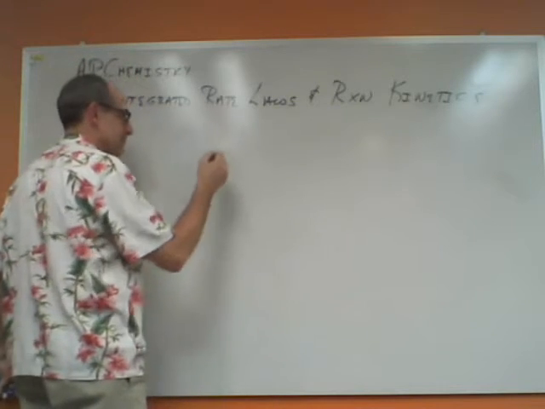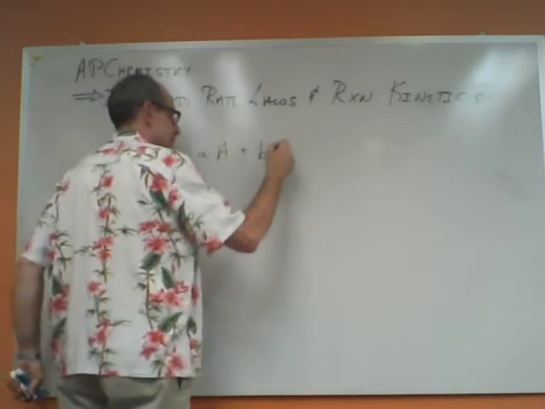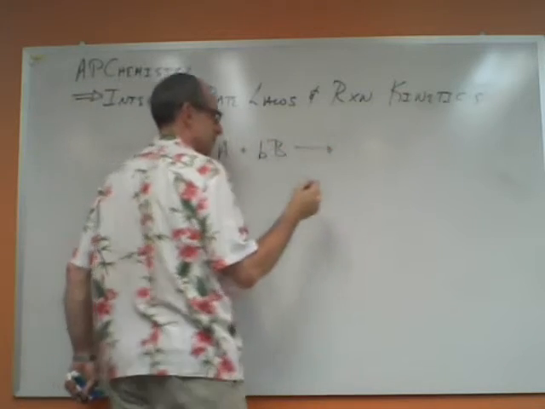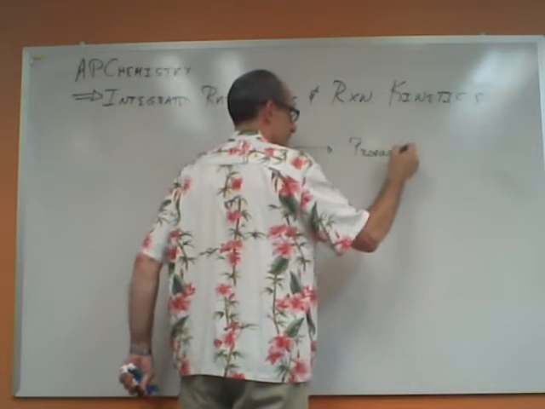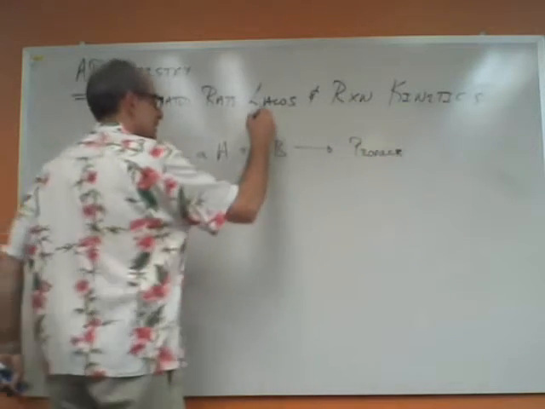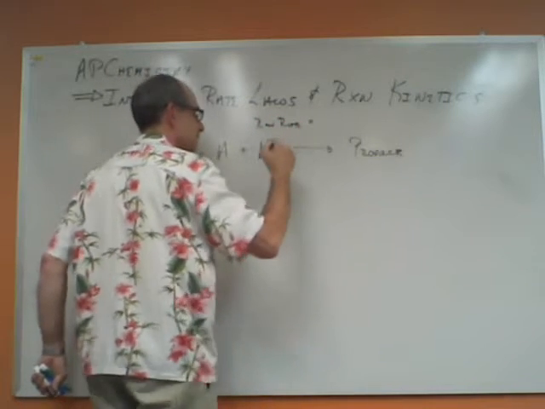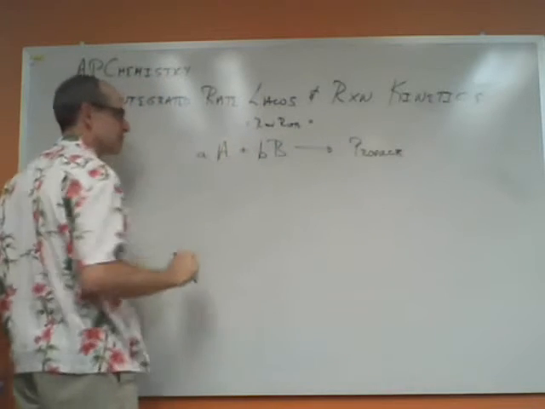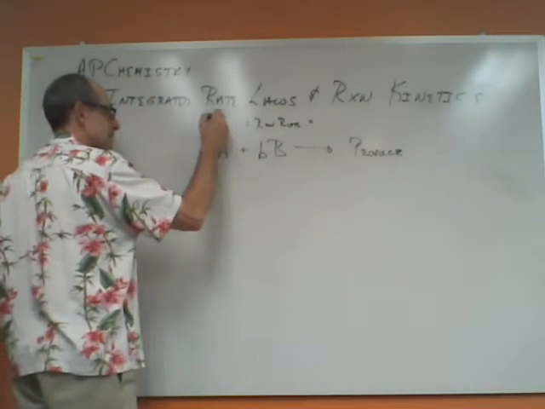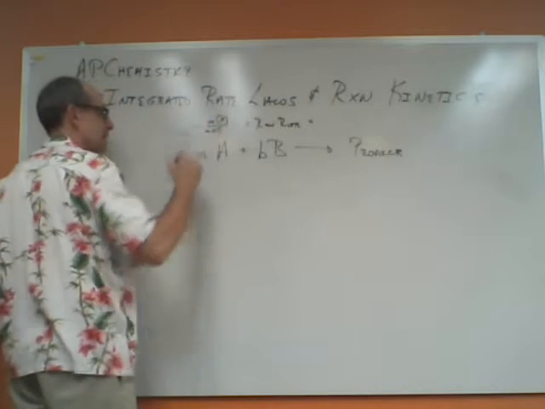So if we have some hypothetical reaction, A units of A reacting with B units of B to produce some sort of products, then the reaction rate would be defined as the rate of change of the reactants or the rate of formation of the product, so the change in the concentration of A per unit time.